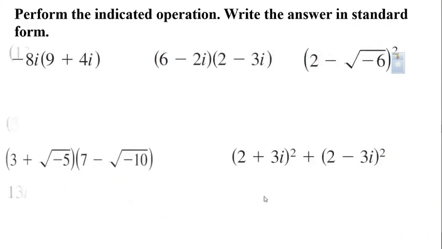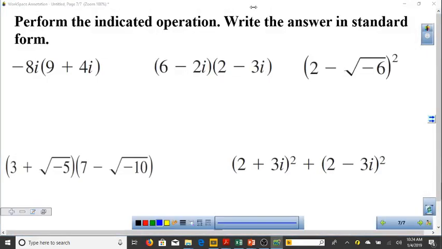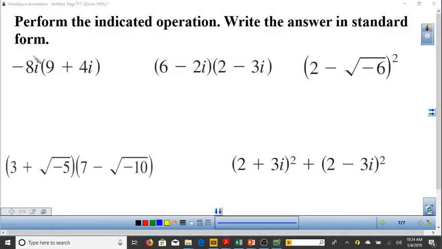Let's move on to some more examples. This time it's multiplication. And the rules of exponents apply as before. We're going to distribute the monomial by each term in the parentheses. So we have negative 8i times 9 is negative 72i.